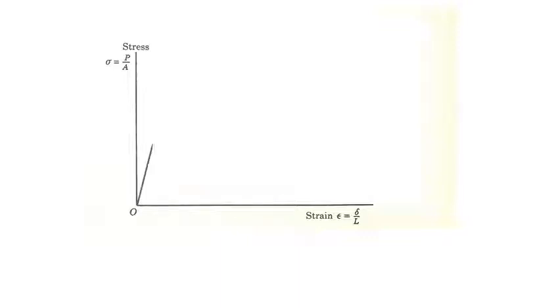Now, once we take up this point, this is what I said, the elastic limit, where we are going to have Hooke's law, where sigma is directly proportional to the strain. This is the true stress strain, and this is the engineering stress strain.